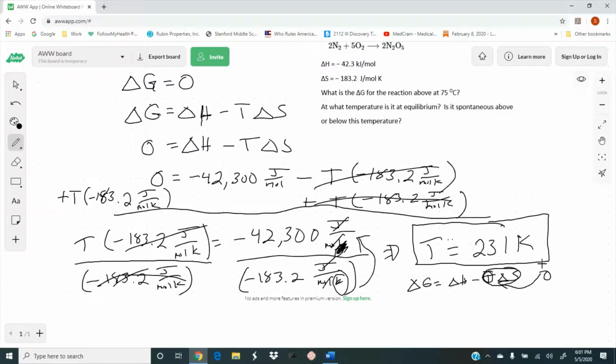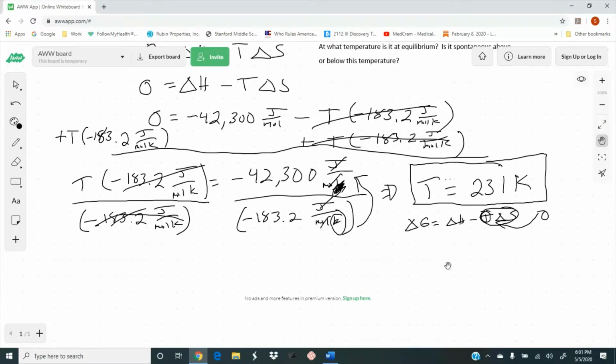And so now the sign of delta G is going to be the same as the sign of delta H. So here our delta H was negative 42.3. So therefore it's going to be negative, and it's going to be spontaneous at less than 231 Kelvin.